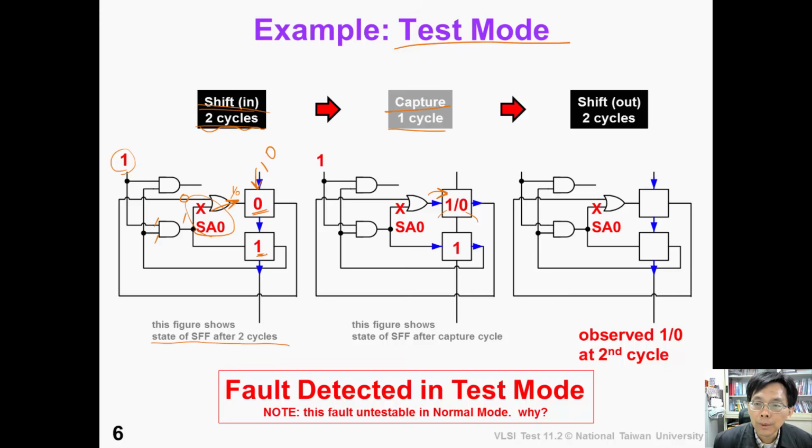Then we can perform a shift out operation of 2 cycles. At the output here, we can observe 1, 0 at the second cycle. In this way, we can detect this stuck-at-0 in test mode. Please note that this fault was originally untestable in normal mode. Do you know why? Please think about it.